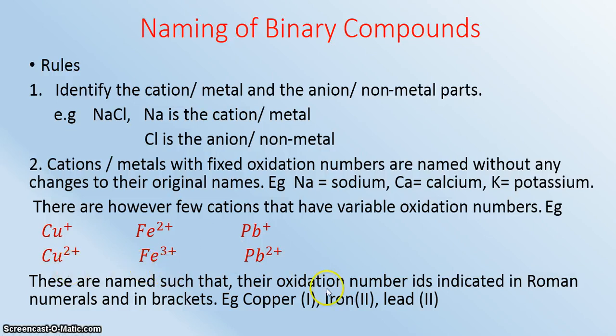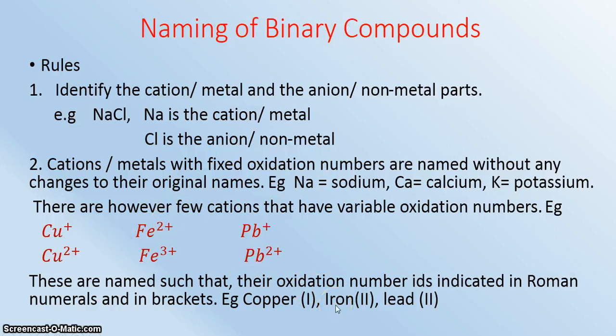They are named such that because we have to identify which of them we are dealing with, for example, if I'm talking about copper 1, we will say copper and then 1. The 1 is written in Roman numerals and put in brackets or parentheses to show us that it is copper 1 that we are dealing with, or which is forming that binary compound. And we're able to determine that it's iron 2 which is in the compound. I will show you how to identify that.